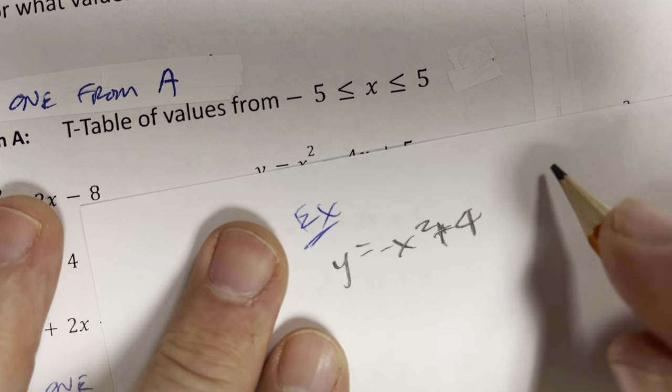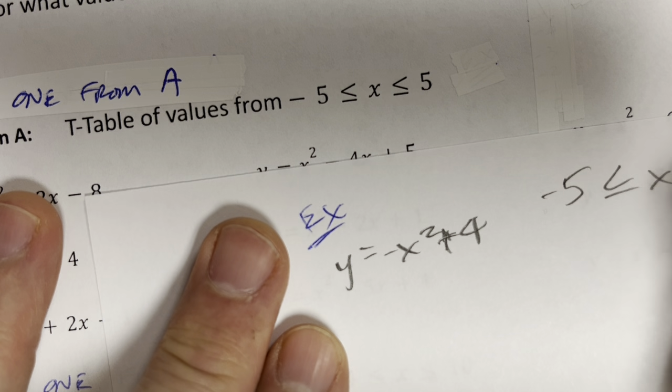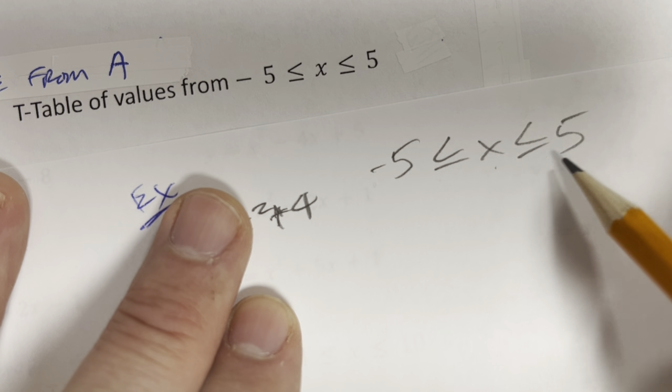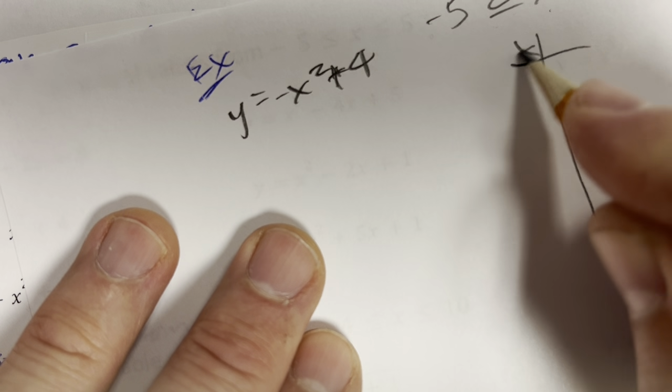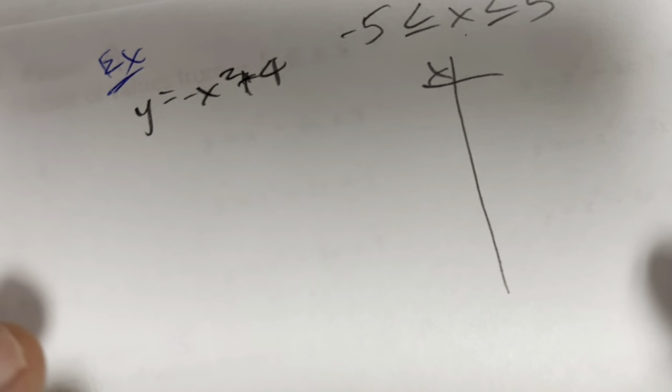Now here's the part that I think is going to be most confusing. Here are the x values that you're going to plug in your t-table. So we've got negative 5 is less than or equal to x is less than or equal to 5. All that means is I want a t-table. It's going to be a pretty big t-table. You've got a lot of time in class to do it, so I'm expecting you to do this whole thing.